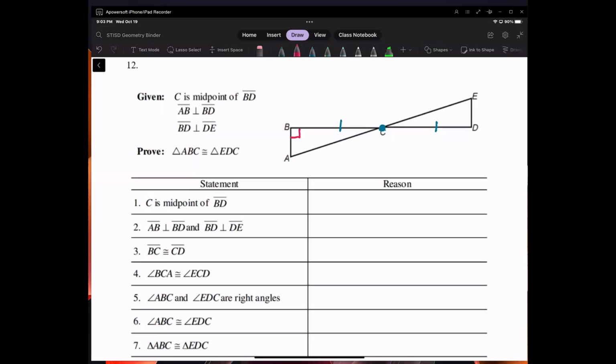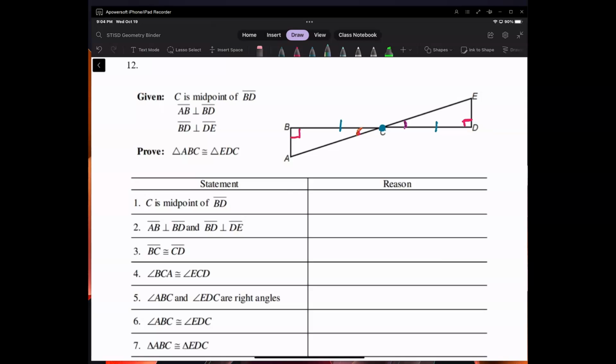We also know that segment BD is perpendicular to DE. And like I've been telling you in class, this angle and this angle are congruent because of vertical angles. So just by looking at it, we've already proven that the two triangles are congruent. The postulate would be angle, side, angle.